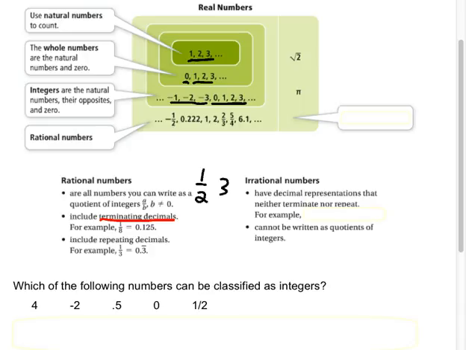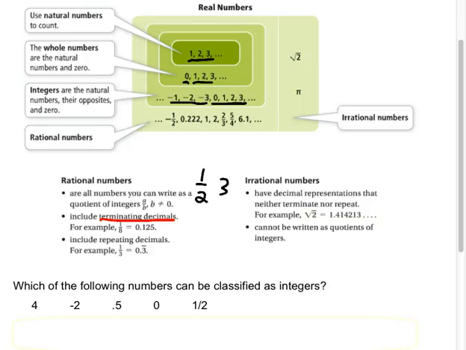Well, the final type is irrational numbers. Irrational numbers are everything else. By everything else, what I mean is that they never end and they never repeat. These are decimals that keep going forever. They never have an ending point, but they also never end up repeating.